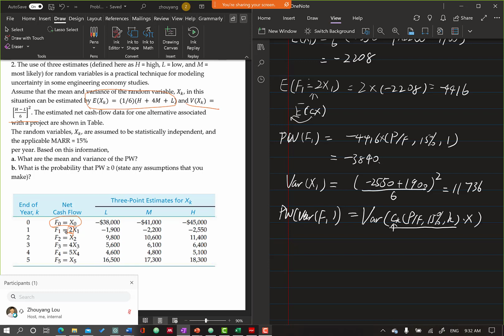So we're gonna just take these out, and the k here is 1, so that's c1 p given f factor 15% 1, and take the square of that and times the variance of x.